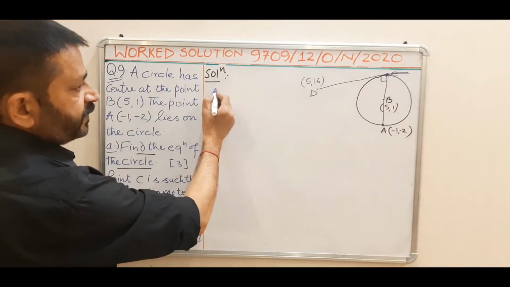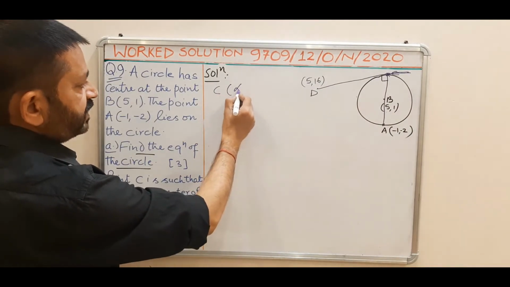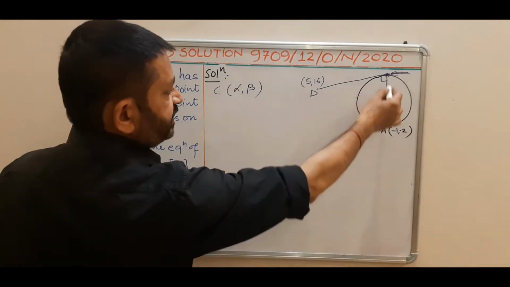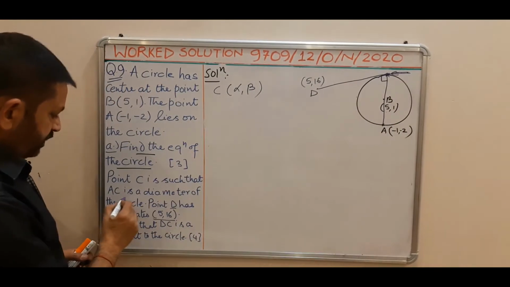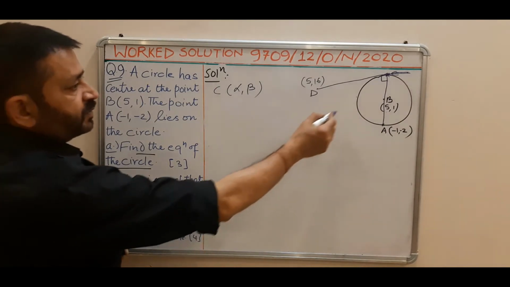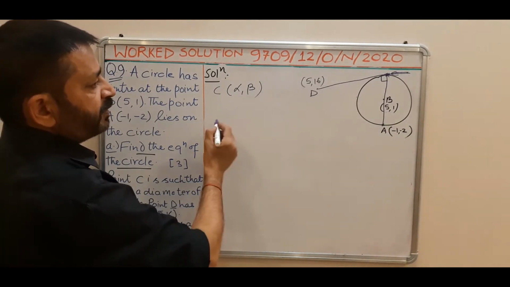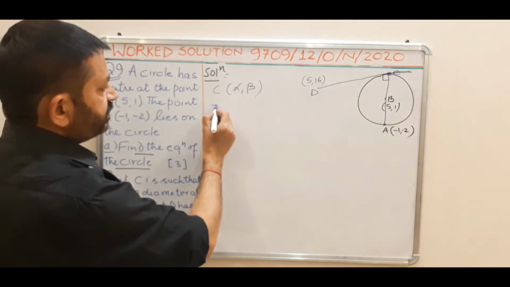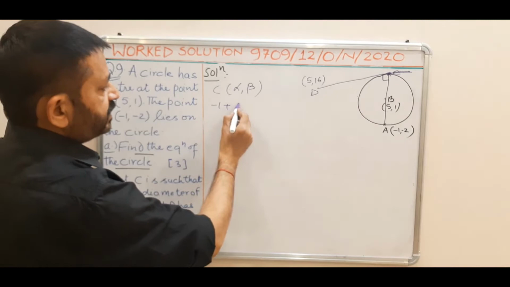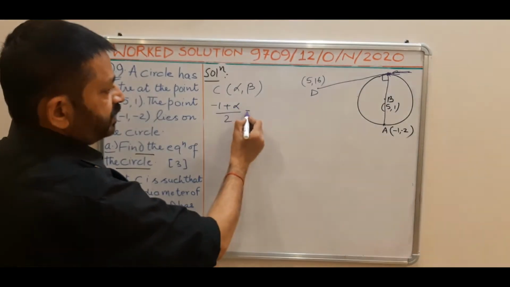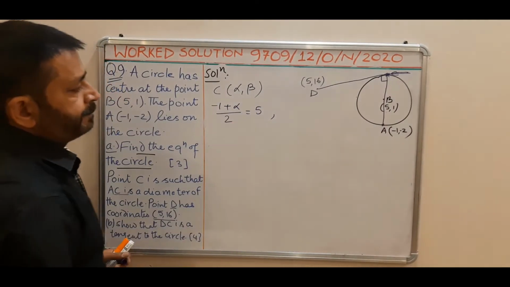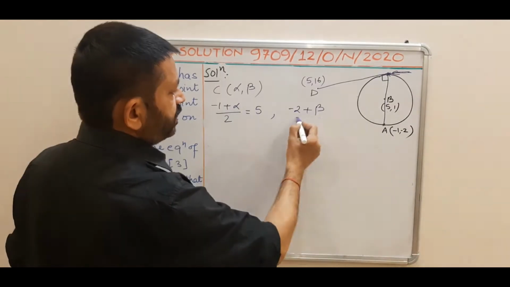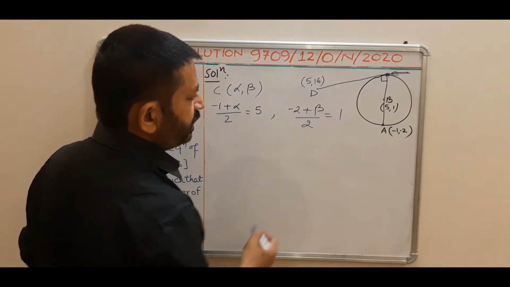Suppose I'm considering that C is (alpha, beta). Then AC is the diameter, as it is given here. So B, the center, will be the midpoint of AC. So we can use the midpoint formula for this. It is (-1 plus alpha) upon 2 is equal to 5, and (-2 plus beta) upon 2 is equal to 1.